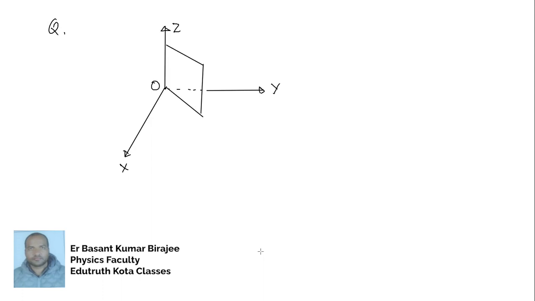In which plane is this loop? XY, YZ, ZX. In which plane is the loop? You can imagine. This side is A, this side is B, this side is C, and you have a current here, I. So OABCO is a square.